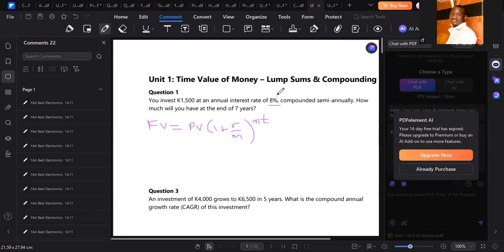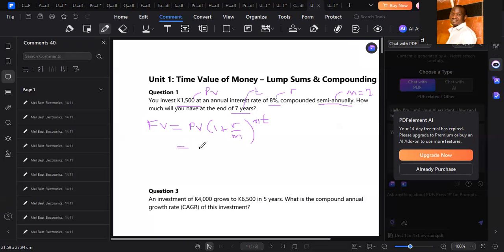We have 8%, this is our r. Semi-annual means our m is 2. Then 1,500 is our present value. The 7 is our time.